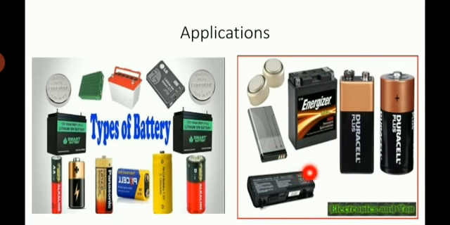This is the battery that we use in laptop, and this is the battery that we use in remote and different kinds of DTH remotes. So all these batteries have DC supply. These are the applications of DC supply or also the source of DC supply.